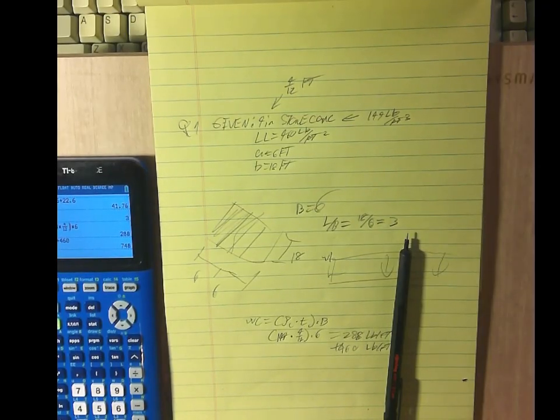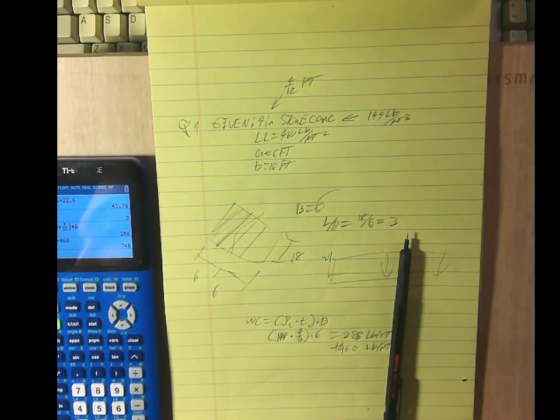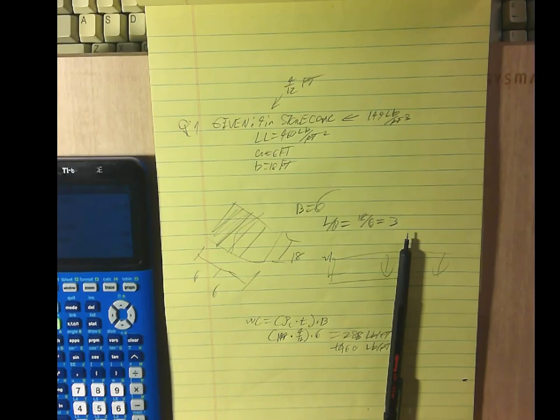Live load we were just given is 460 pounds per foot squared.